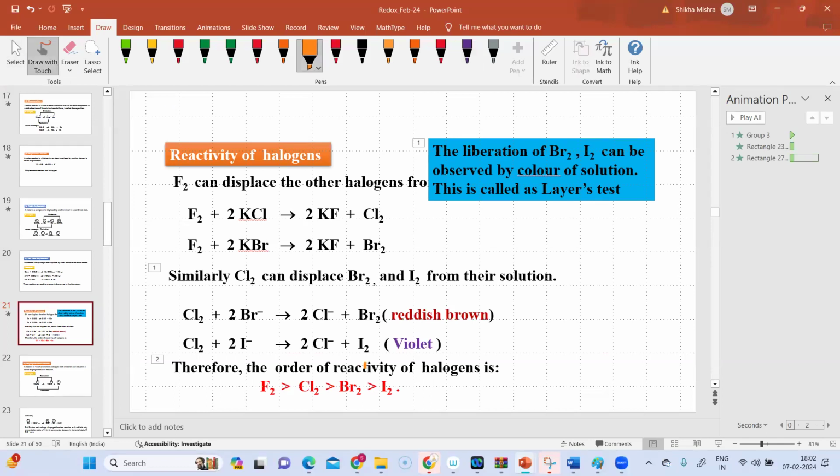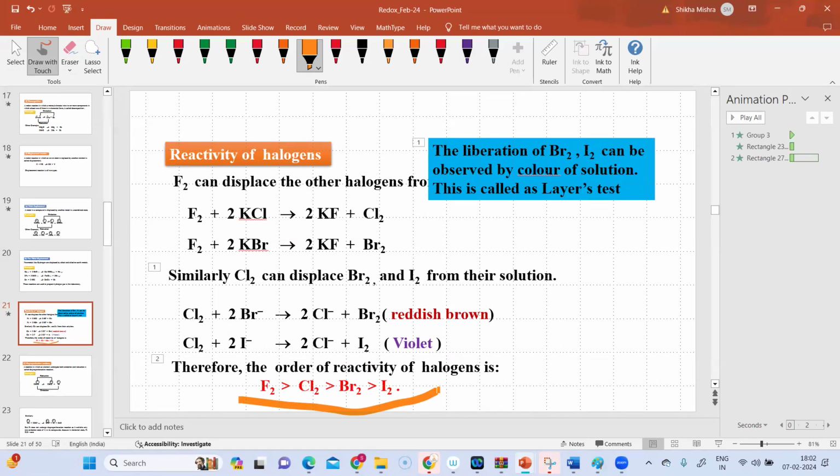Most reactive being fluorine and least reactive being iodine, right? So if you react any of the compounds of chlorine or bromine, like potassium chloride or potassium bromide, chlorine and bromine will be liberated. This you might have done in the form of a layer test in your lab also.